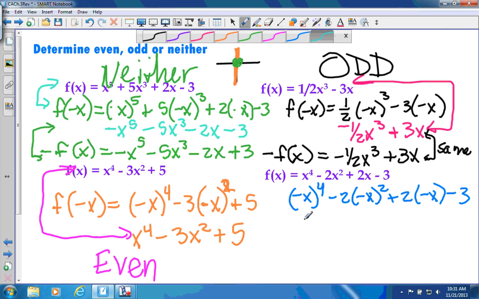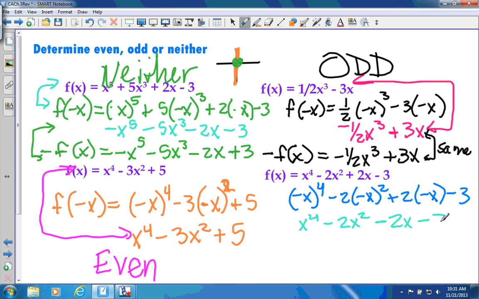going through this whole thing, that would become x to the 4th, still minus 2x squared, and it would be minus 2x minus 3. These are not exactly the same, so they're not odd.